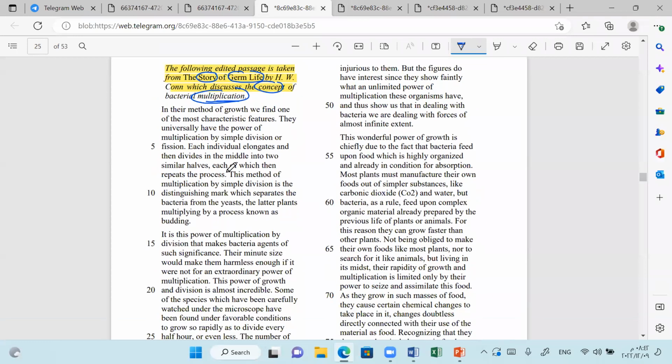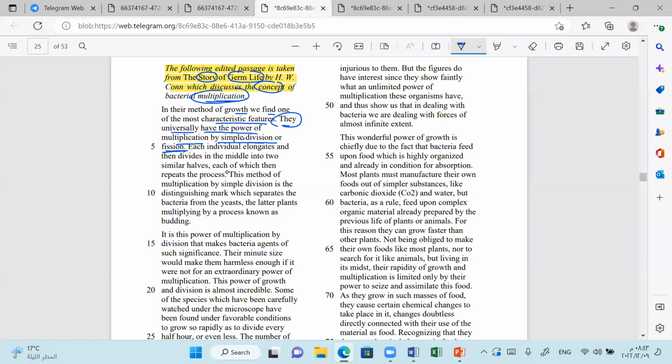So, for example, in their method of growth, we find one of the most characteristic features. They universally have the power. Who are they? The bacteria, of multiplication by simple division or fission. So you see division or fission. So here I have two. If you focus on division only, this won't be the best answer.